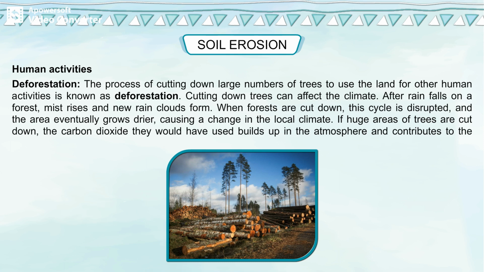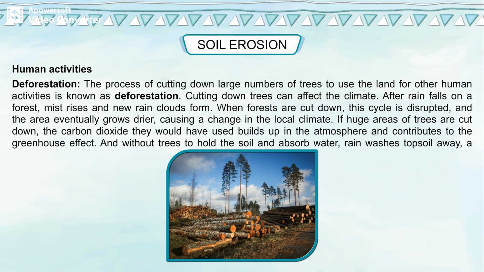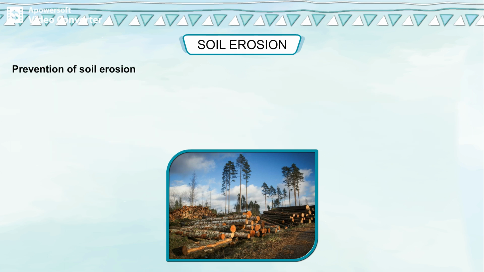If huge areas of trees are cut down, the carbon dioxide they would have used builds up in the atmosphere and contributes to the greenhouse effect. And without trees to hold the soil and absorb water, rain washes topsoil away, a process called soil erosion.